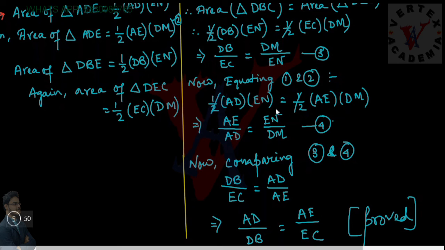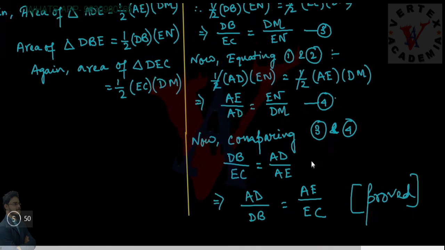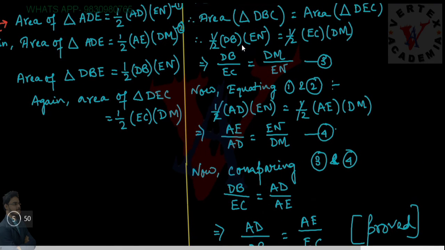Now you can see here EN by DM is here, and there DM by EN is there. Comparing equation 3 and equation 4, the right hand side of the second one is the reciprocal of the first.